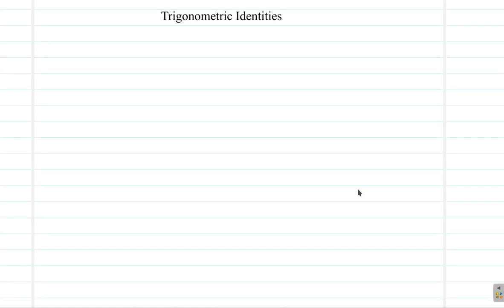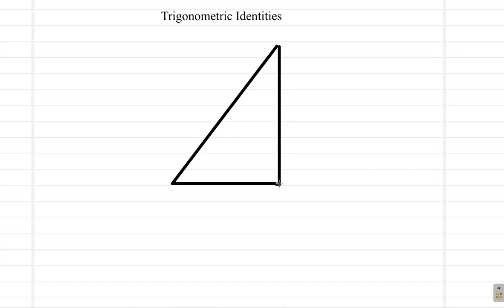We're going to be looking at trigonometric identities. Now, let's look at this triangle here. This is our triangle, and we have a right angle triangle right here.